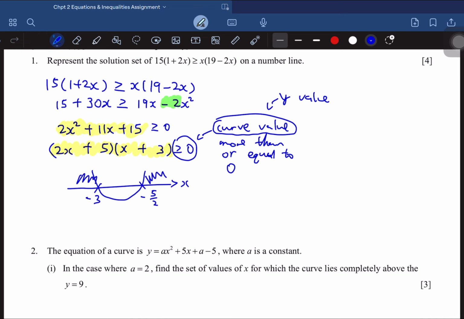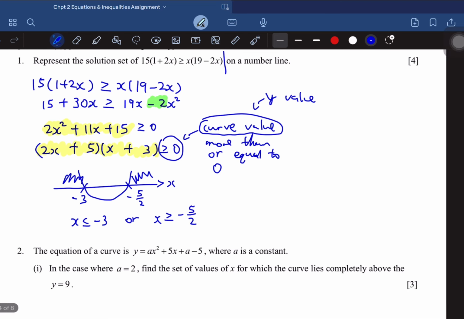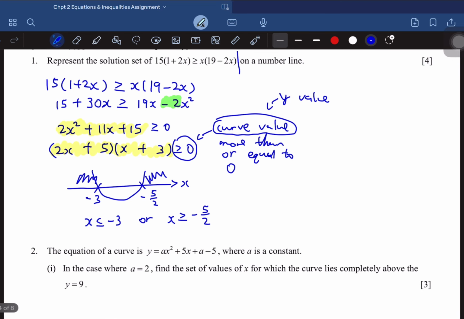So with this, our answer will be x is less than or equals to negative 3, or x is greater than or equals to negative 5 over 2. Okay, we are done until here. Then for the last part, on the number line, this will require your inequality knowledge from elementary mathematics. So I have negative 3, negative 5 over 2.